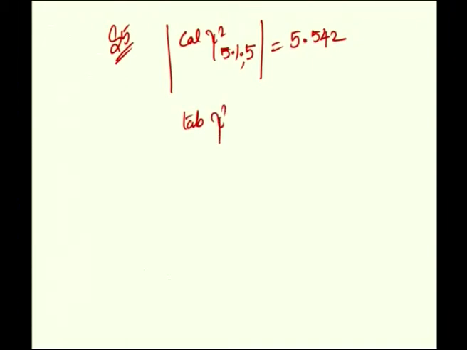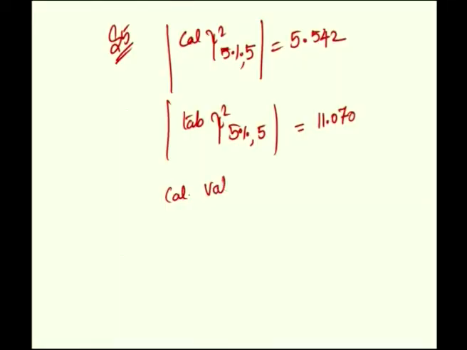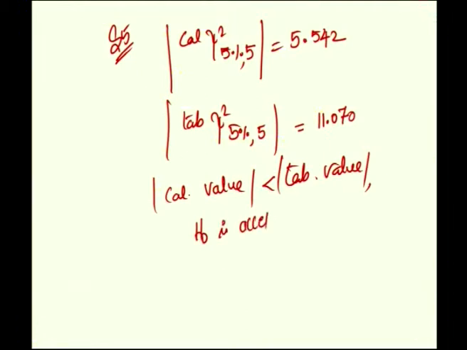Tabulated chi-square at 5%, 5 degrees of freedom is equal to 11.070, and now comparing 5.542 with 11.07, the value is lesser, therefore, calculated value is lesser than tabulated value. So, H naught is accepted, which means the die is accurate to give the results, the die is unbiased.